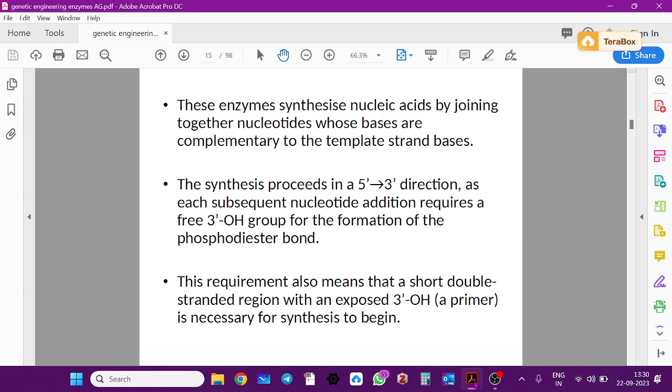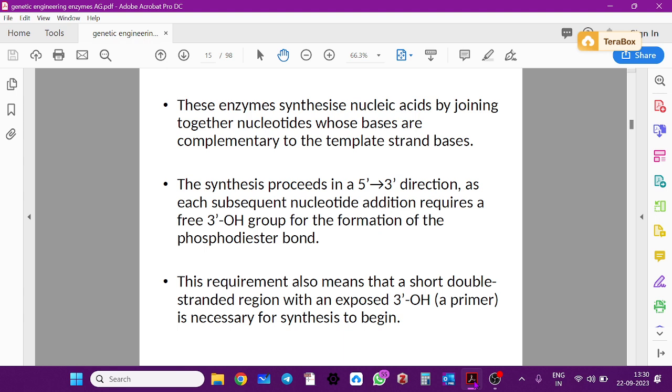So they synthesize nucleic acids by joining together nucleotides. Nucleotide 1 plus nucleotide 2. So basically, I am taking N as a nucleobase.